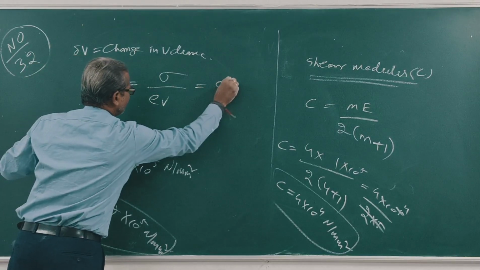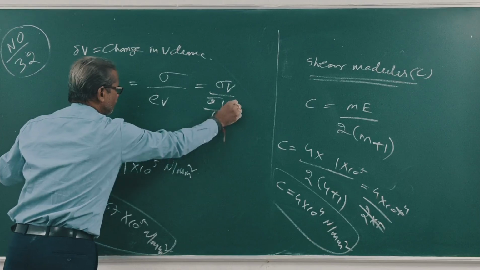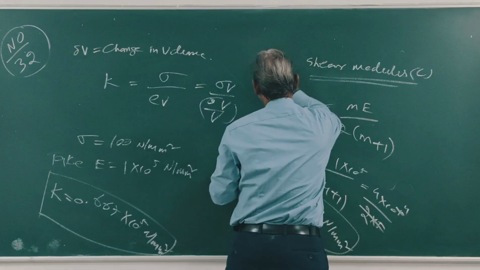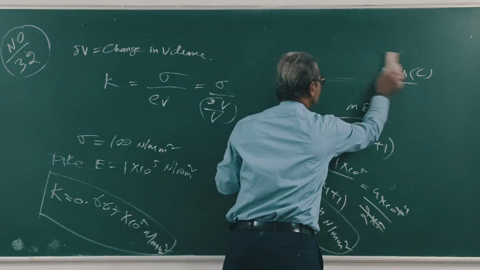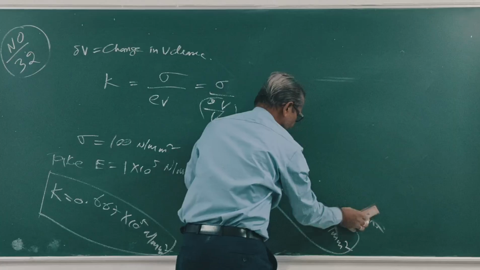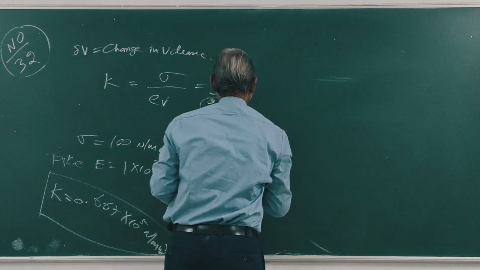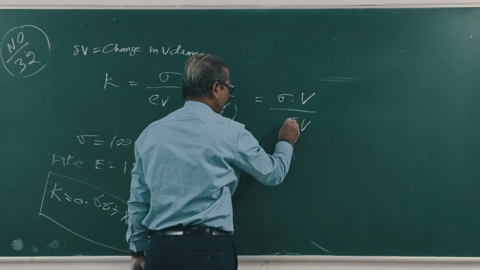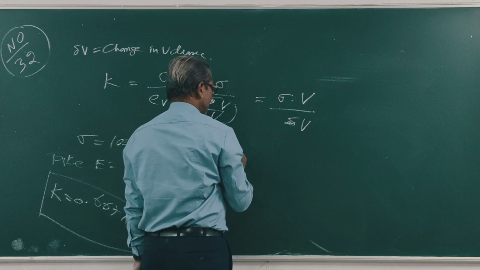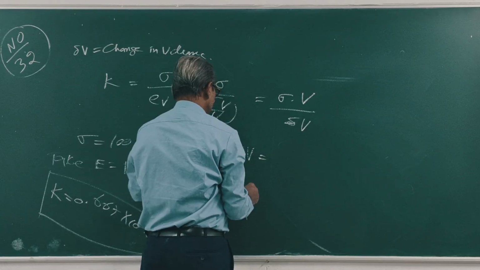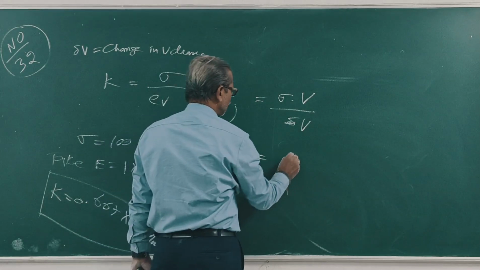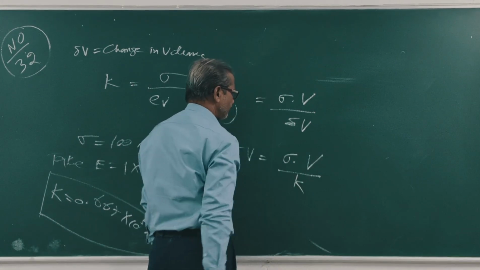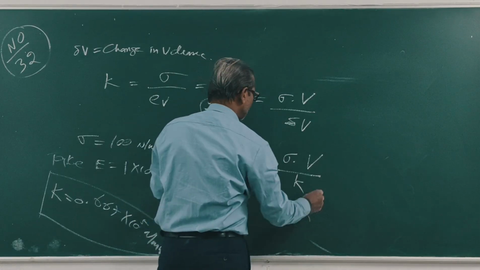So direct stress by delta V by V, right? So K is equal to stress into V by delta V. So what is delta V equal to? This implies delta V is equal to stress into volume by K. This is the answer. Clear?